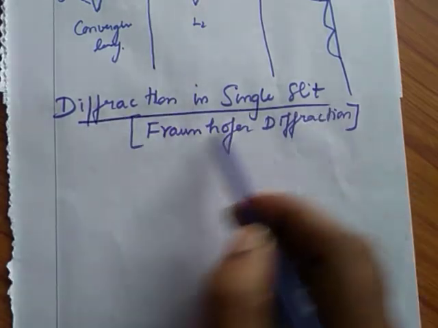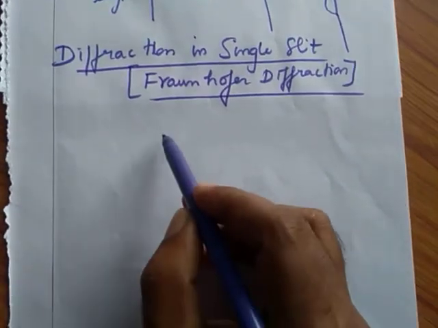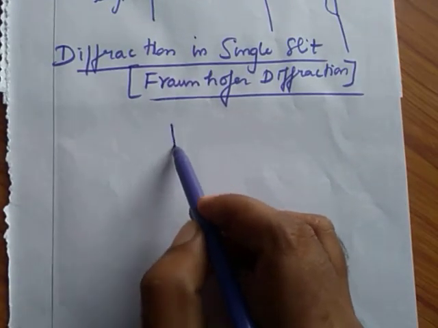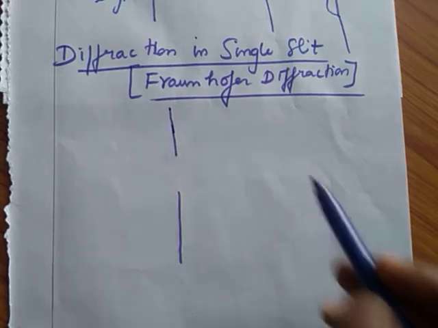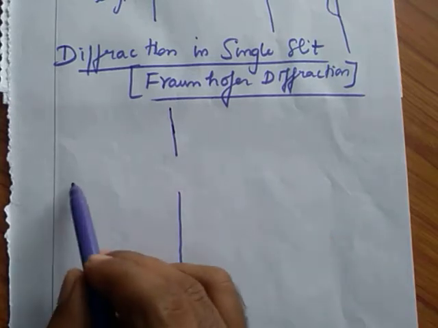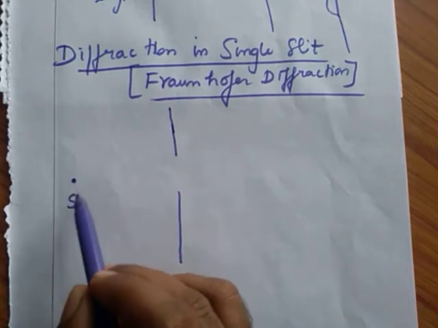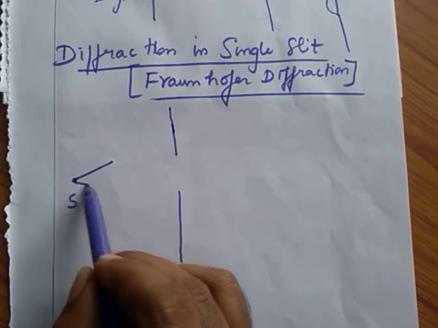For that we need to consider a slit having the size a that is comparable to the wavelength of the light used. Here I am using a point source, and the point source produces a spherical wavefront.